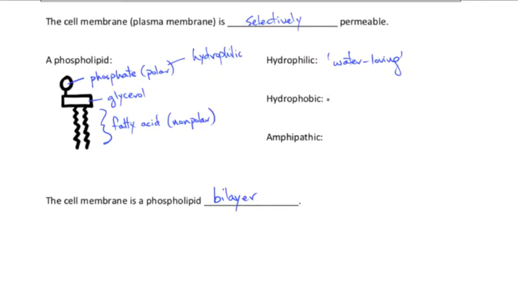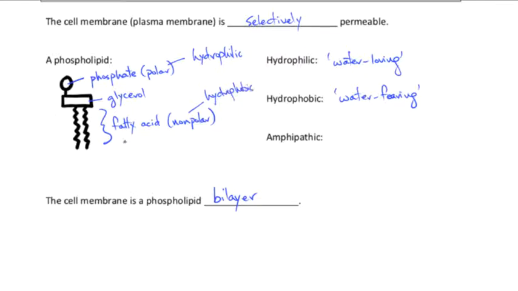In contrast, hydrophobic means water-fearing, something that is going to try and get away from water. And that's going to be a consequence of it being nonpolar. Again, like dissolves like. Water is a polar solvent, so it won't dissolve nonpolar fatty acids, for example. The fatty acids, again, are hydrophobic. They're going to try and get away from water.